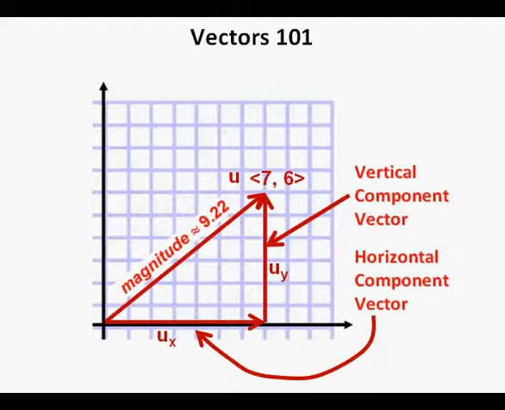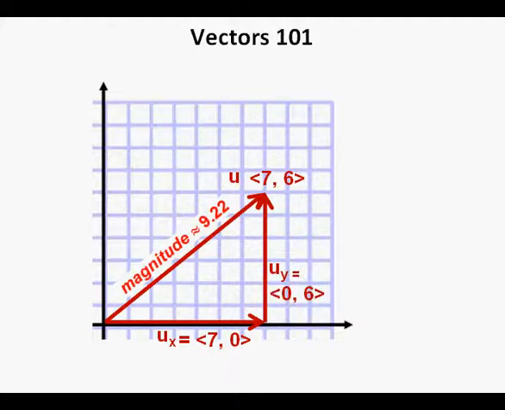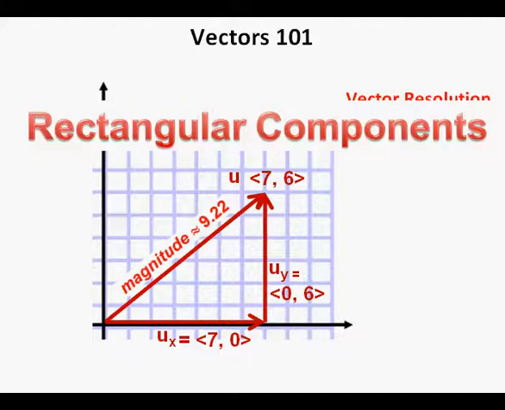We can also use the bracket numerical notation. The horizontal component is 7, 0 in brackets, and the vertical component is 0, 6 in brackets. What we have done here is resolve the vector into horizontal and vertical components. This is called a resolution of a vector. These are also called rectangular components of a vector.